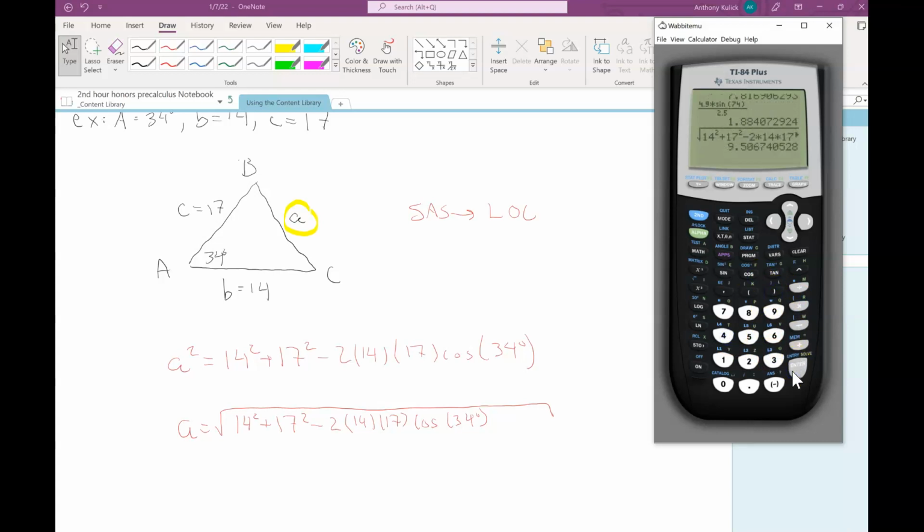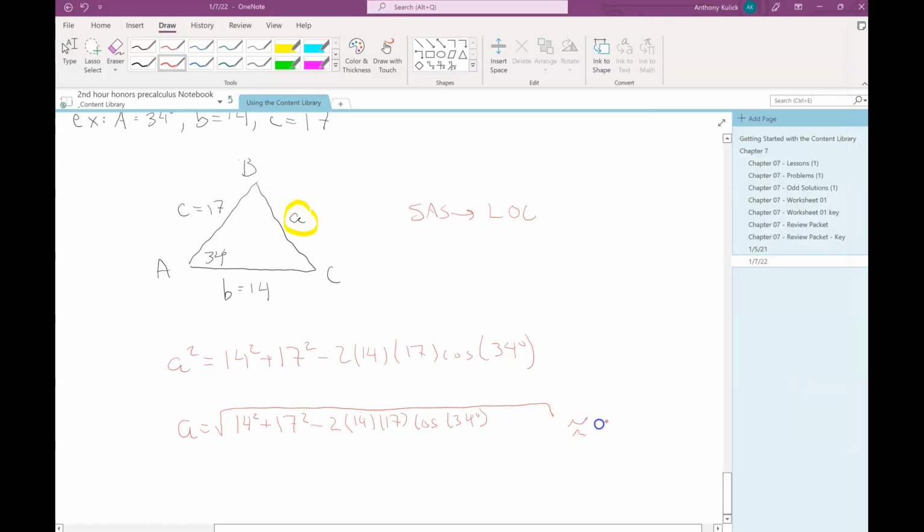So when I do that, I get 9.51. Okay, so now we either have to find angle B or angle C. Yes, Maddie? Sure.